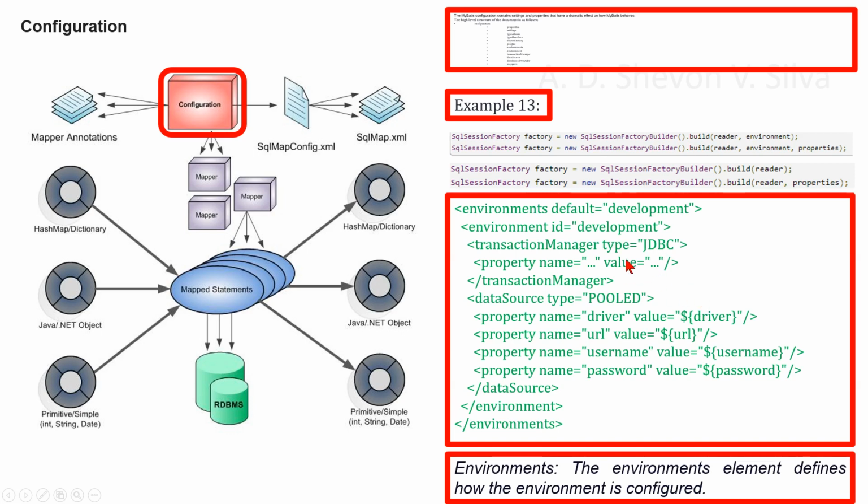The other type is MANAGED. This configuration simply does almost nothing. It never commits or rolls back the connection. Instead, it lets the container manage the full life cycle of the transaction, for example, a JEE application server context. By default, it does not close the connection.